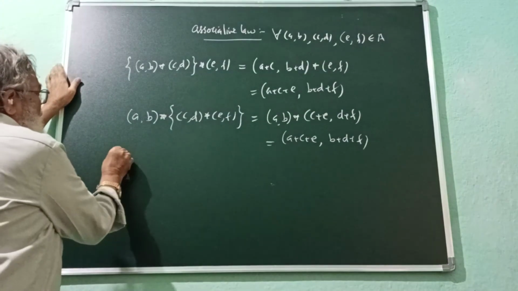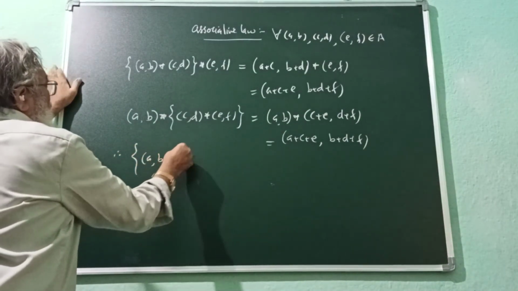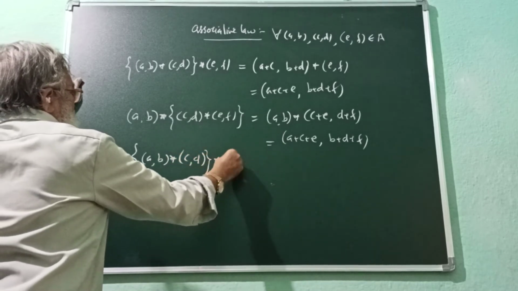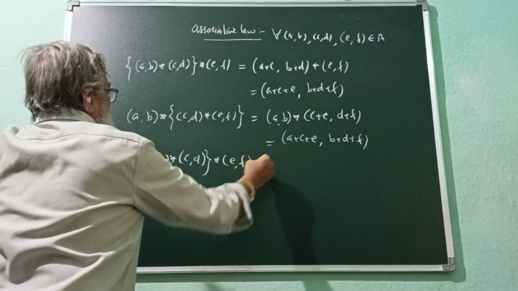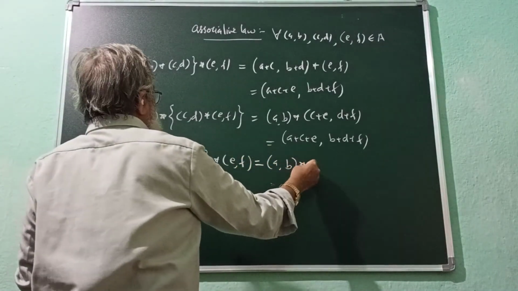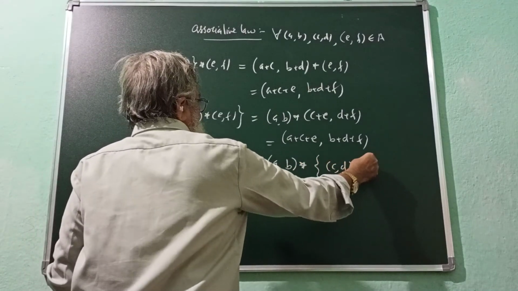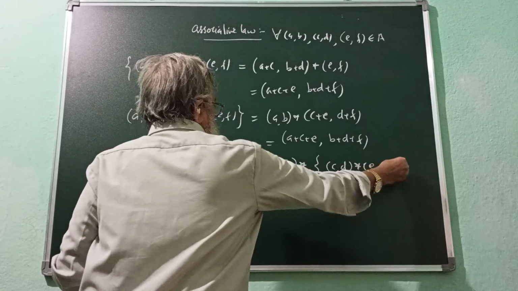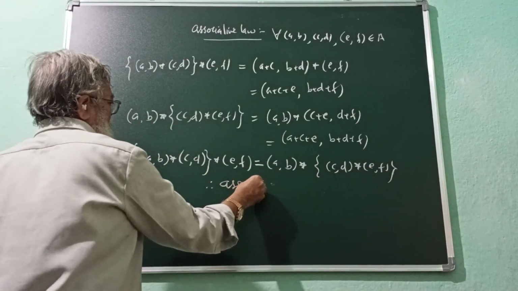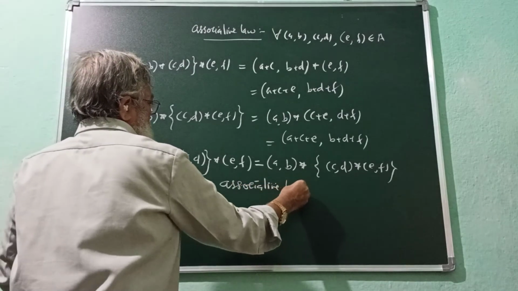Therefore we can write AB star CD star EF is the same as AB star CD star EF with the bracket on CD star EF. Therefore we see that the associative law holds.